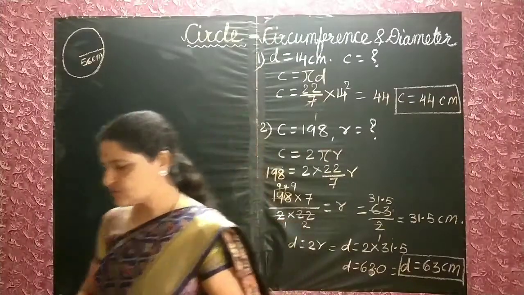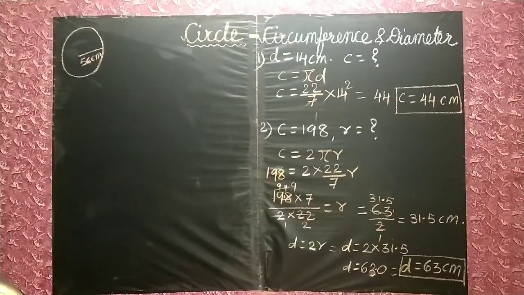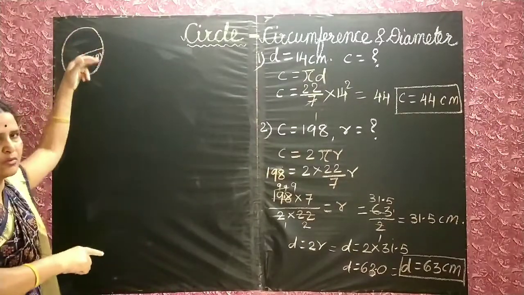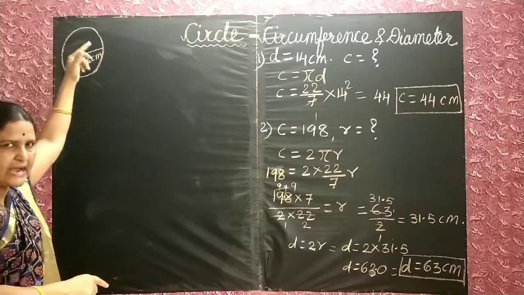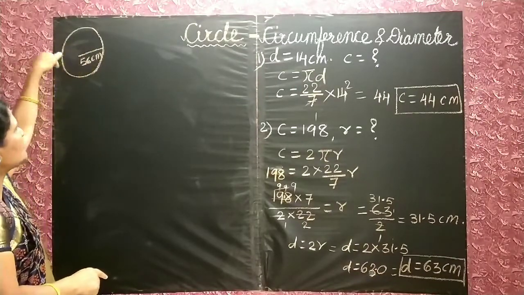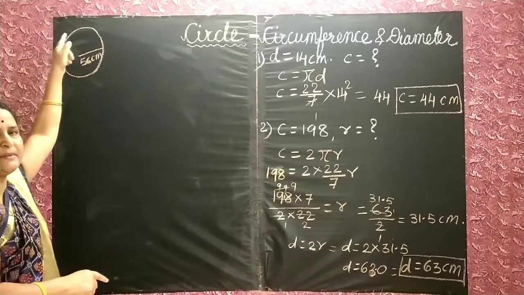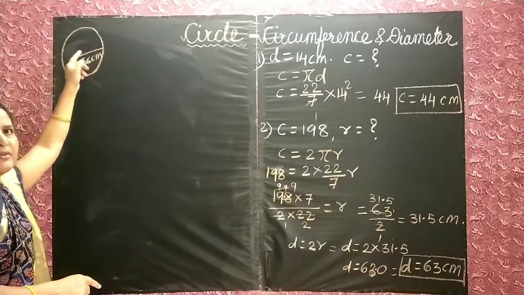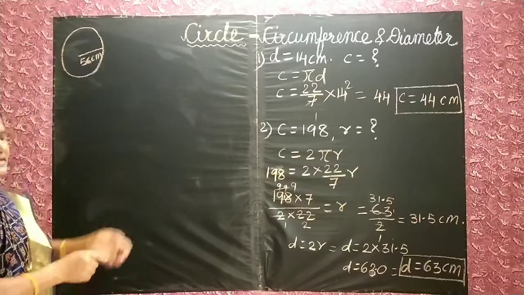Now see students, what do we have to do first? Fencing this garden means we first have to find the perimeter of a circle. Perimeter means the circumference of a circle.